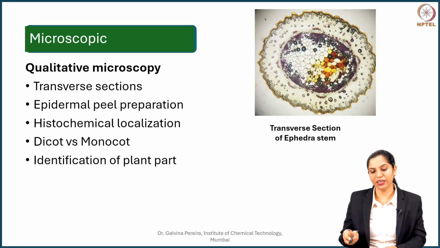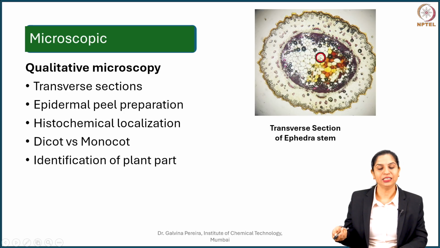Say for example, here you have a section of a stem, that is ephedra stem. What tells me it's a stem? The presence of pith tells me it's not a root, it's definitely a stem part. And then, basis the arrangement of my xylem, phloem as well as the fibers, I come to know that this is definitely a stem.